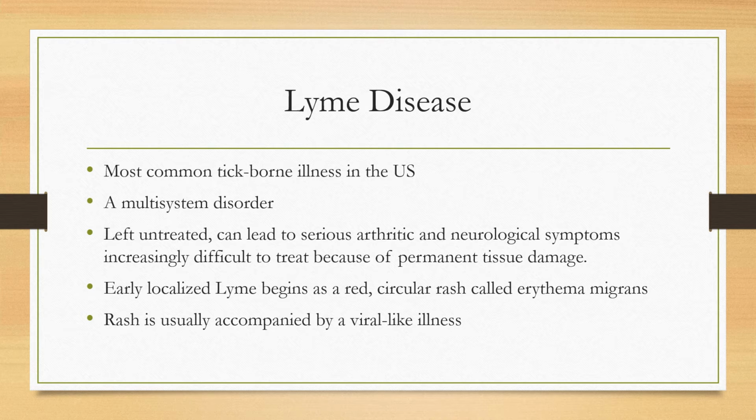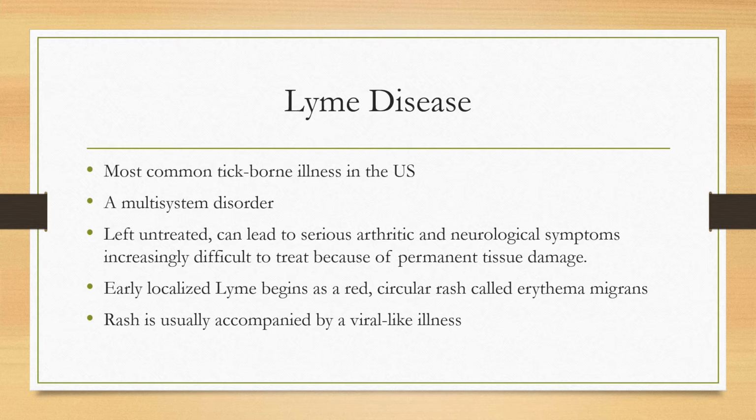So Lyme disease is the big one we're going to highlight. It's a common tick-borne illness in the US, and it can be hard to diagnose, but it has quite a lot of sequelae, and so it can affect multiple systems in the body. Early signs are a red circular rash.